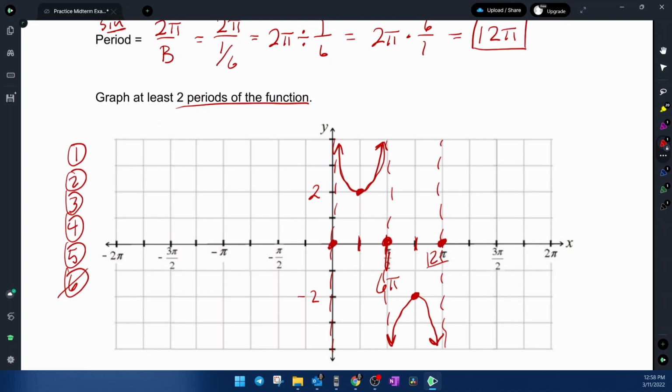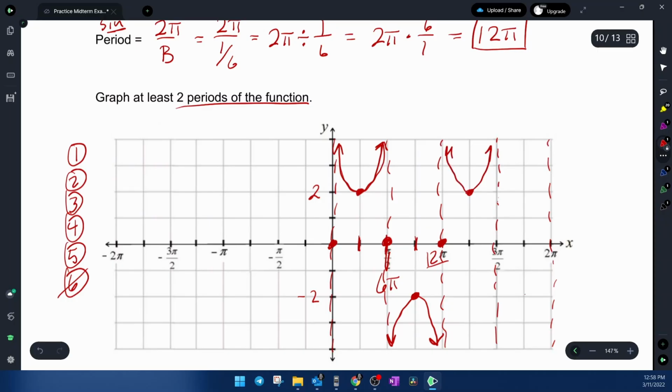If I need another period, I'm simply going to continue this pattern, and you can do it left or right. It doesn't matter which way you go, but I'm going to have another up curve here and another down curve here. Notice the symmetry. That completes the 2 periods of the graph.